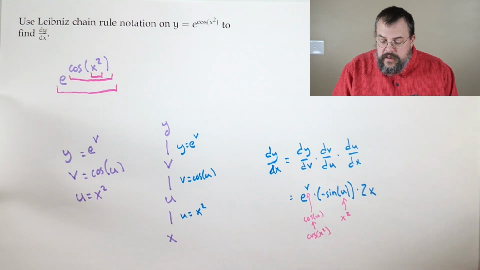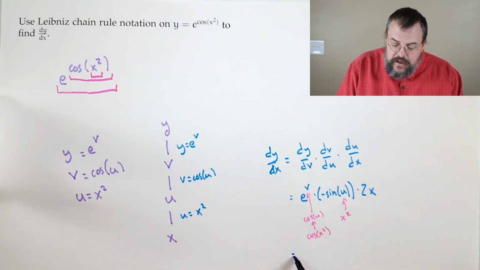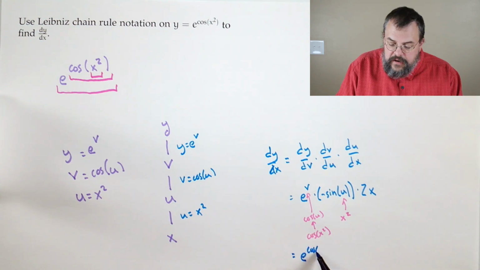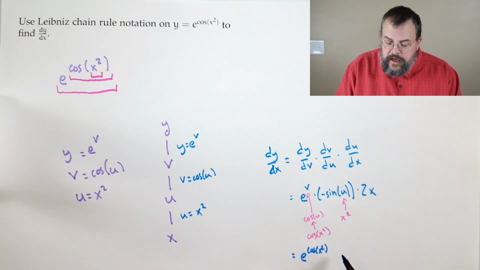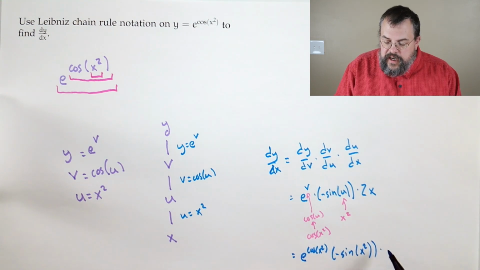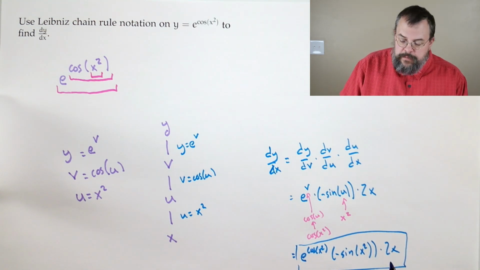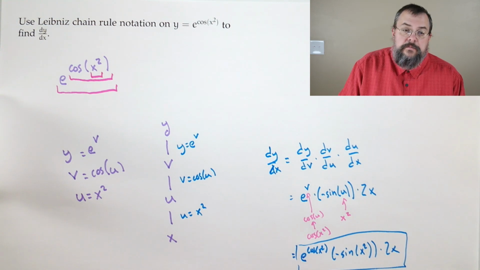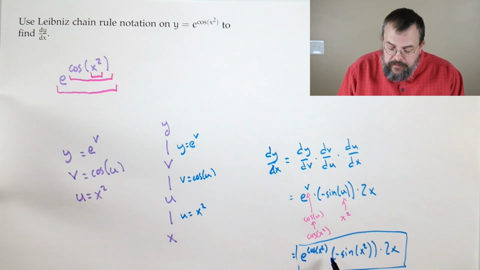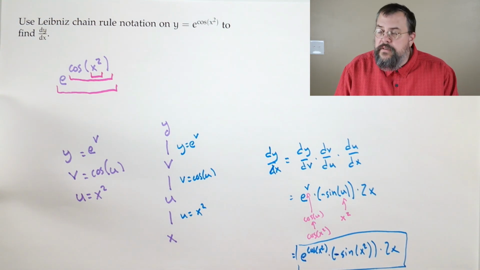So what we get is e to the cosine of x squared times negative sine of x squared times 2x. And other than rearranging, so some people might, for example, like to pull out the negative and the 2 in the front, but other than rearranging, that's our derivative.